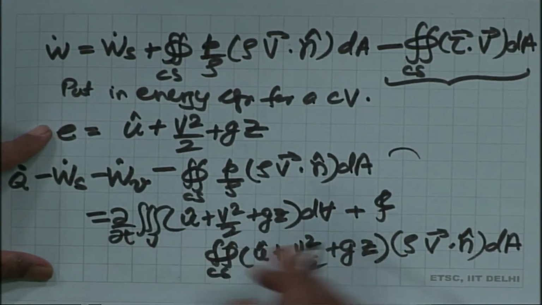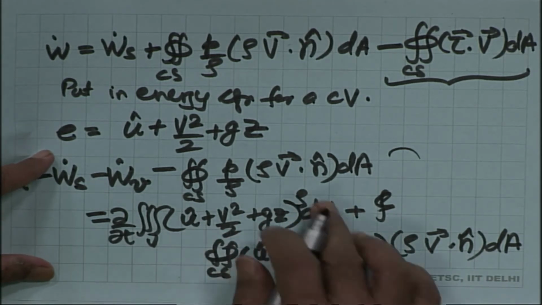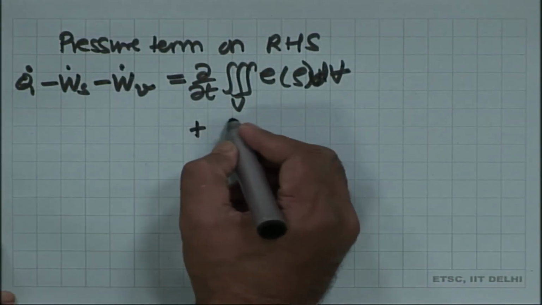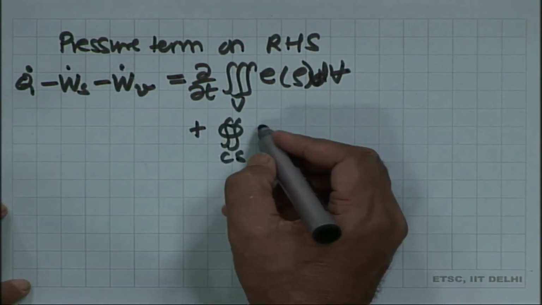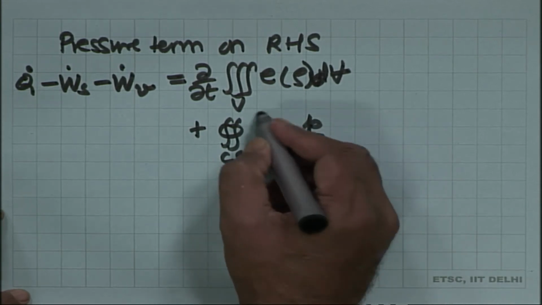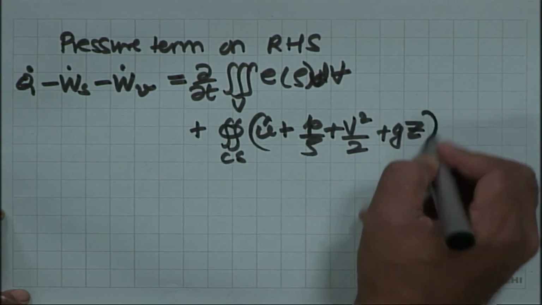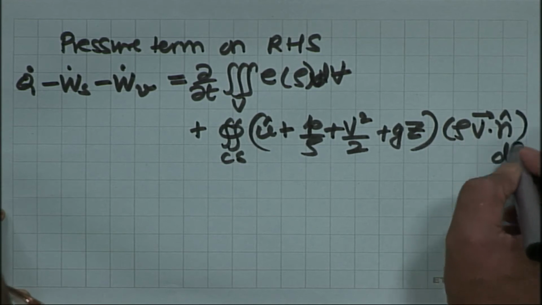In the d by dt term, I missed out a rho, because it is specific energy multiplied by rho dV. So, just add that here, and then we have plus the integral on the control surface, and now we have u plus p by rho plus v square by 2 plus gz into rho v dot n dA.